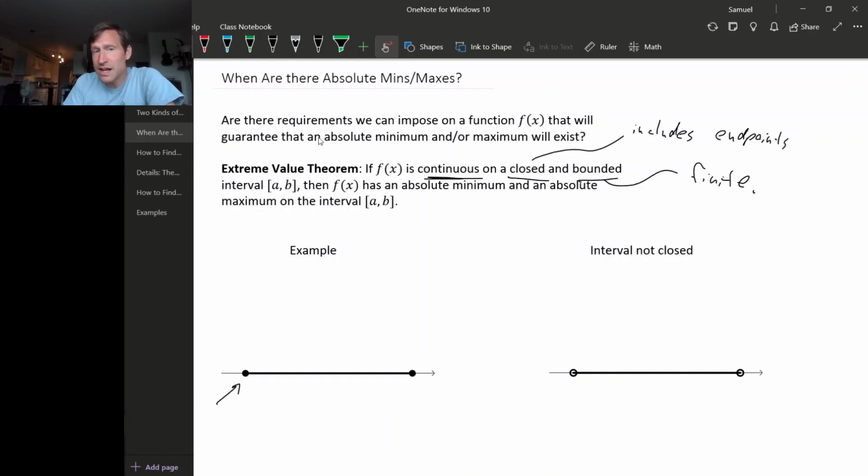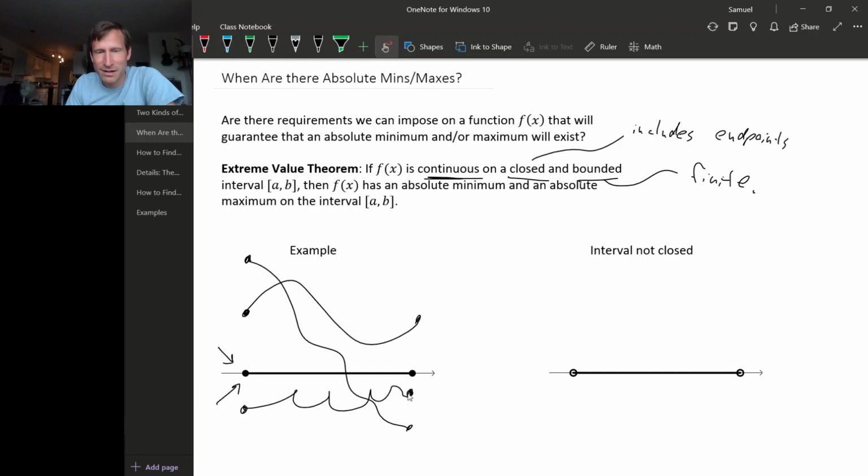So you can get a feel for why the extreme value theorem has to be true if you just play with some examples. On this closed bounded interval, let's draw a continuous graph. No matter how you draw your graph, maybe like this, or like this, or even something like this, as long as it's continuous, it will have an absolute maximum.